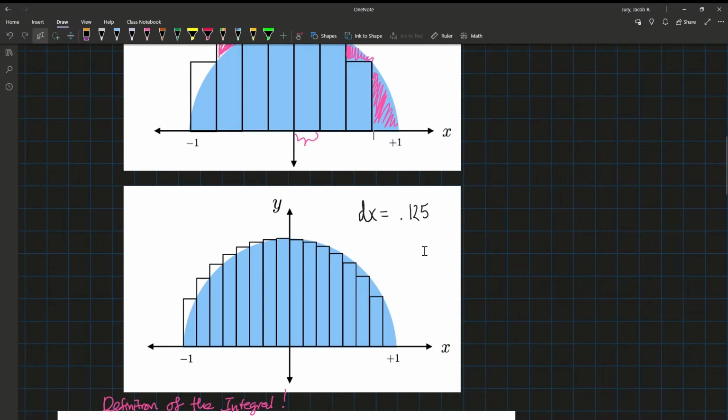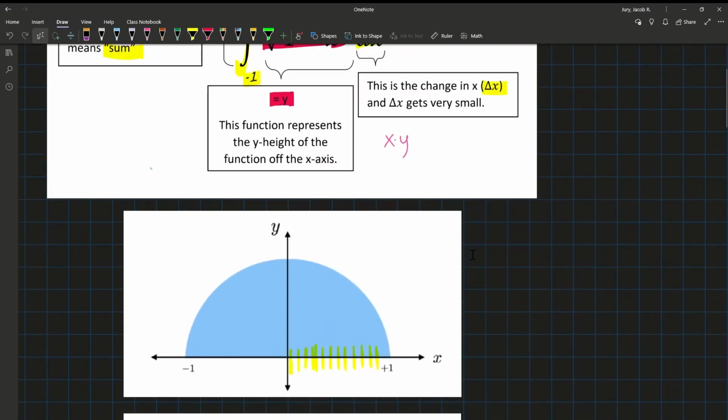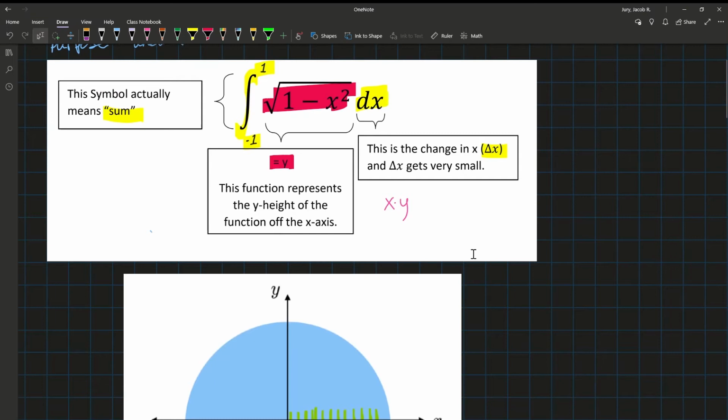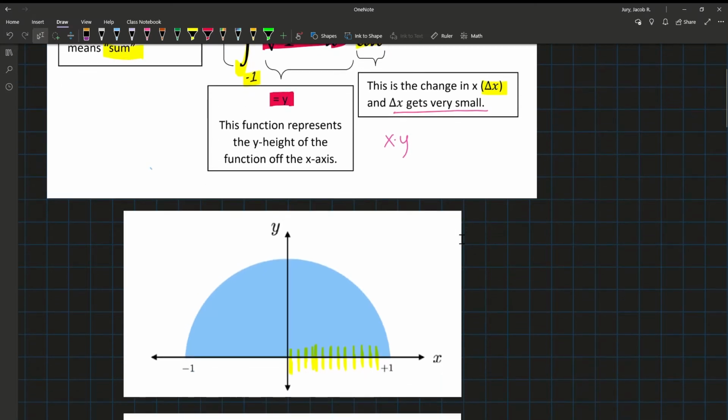We'll increase the amount of rectangles, and we'll decrease the change in x. So we'll use 0.125, and we'll see this is a little bit better. We've got some more area to displace. We'll have a little bit better of an approximation, but we really can't get any better than just taking the area under the curve as delta x gets very small.